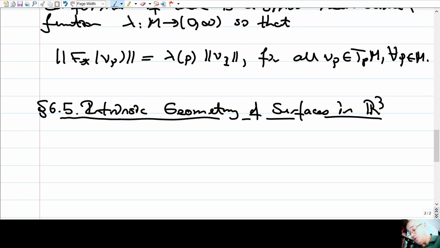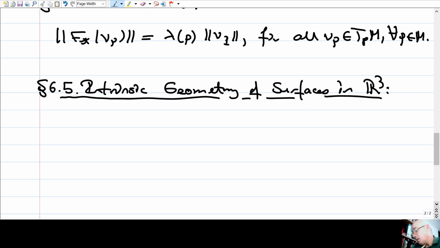What we mean by intrinsic is geometrical properties of the surface, but not of the ambient space that contains the surface. Okay, the properties which are kind of independent of the embedding of the surface into R3. Like intrinsic distance, which we have seen at the beginning of the last section.